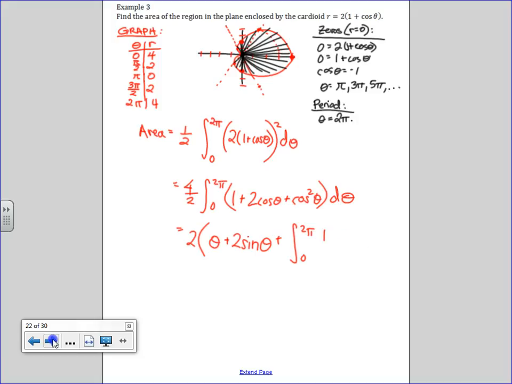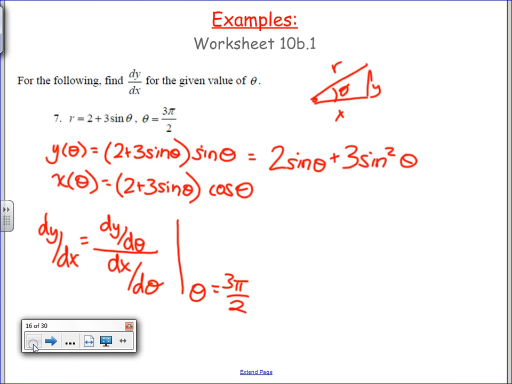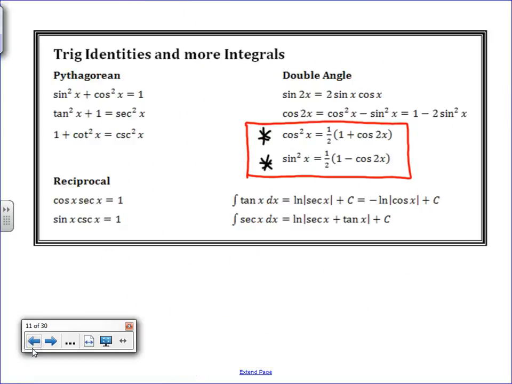I think it's cosine 2 theta, isn't it? I'll go find it, it's back here somewhere. It is cosine. Cosine squared is 1 plus cosine 2 theta all over 2.